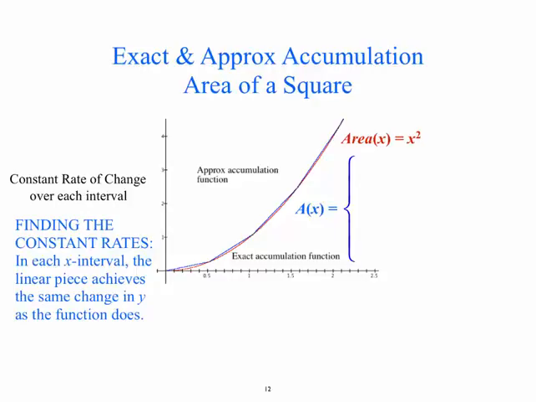So we need the linear equation for all those points. Given a value x, say right here, any arbitrary value x in this first interval, what will give me the corresponding value of approximate area?